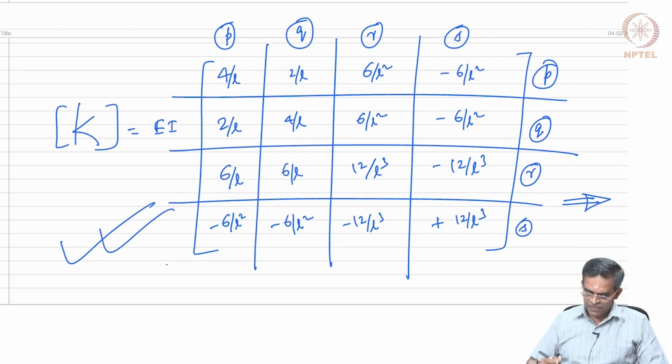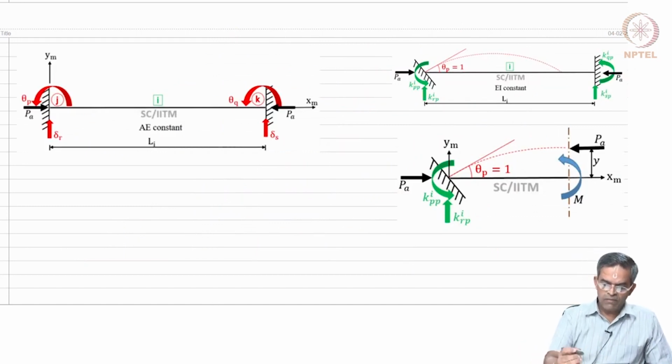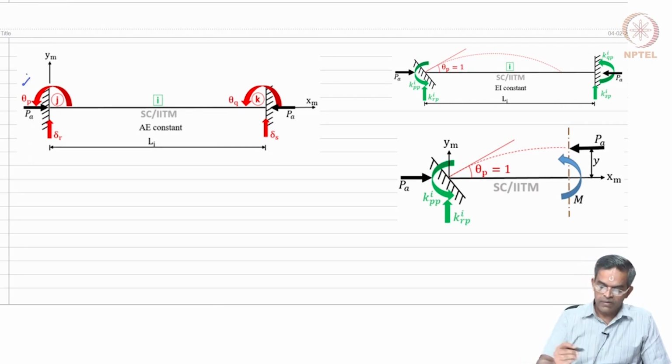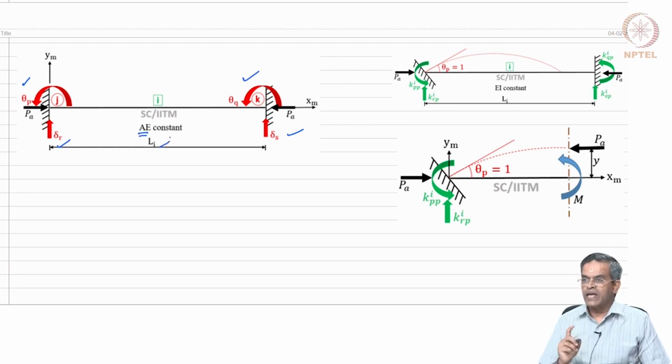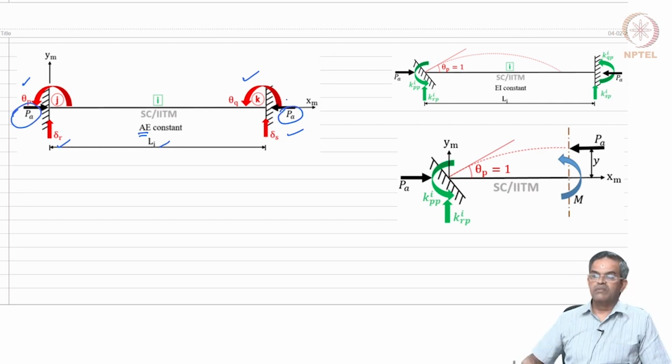So, what we did is, we took the same fixed beam, with theta p, theta q, delta r and delta s, and A, E, L, I etc., but we added one new concept here. We said I am applying an axial force because I am studying stability.